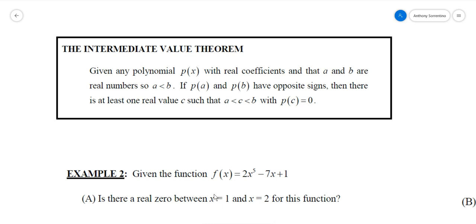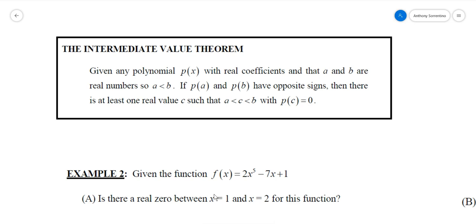It basically is telling me that if I put in a value in a function and get a positive number, and go up maybe just one unit, say f of 1 is 4 and f of 2 is -3, that means that somewhere between those two numbers, the graph has to pass through the x-axis, and therefore it has to have at least one spot where it has a 0.